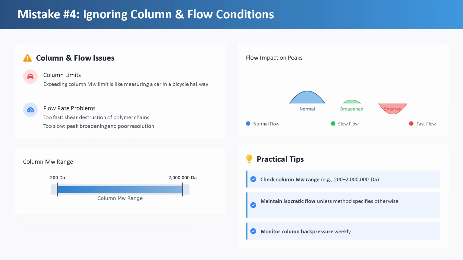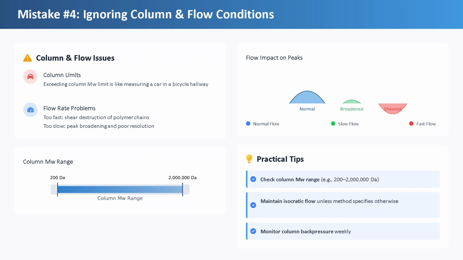Mistake number 4 involves the heart of the GPC system: the columns and flow conditions. Every column has an upper and lower molecular weight limit. Exceeding that limit is like trying to measure the length of a car inside a hallway built for bicycles. The measurement just doesn't make sense. Flow rate matters too.